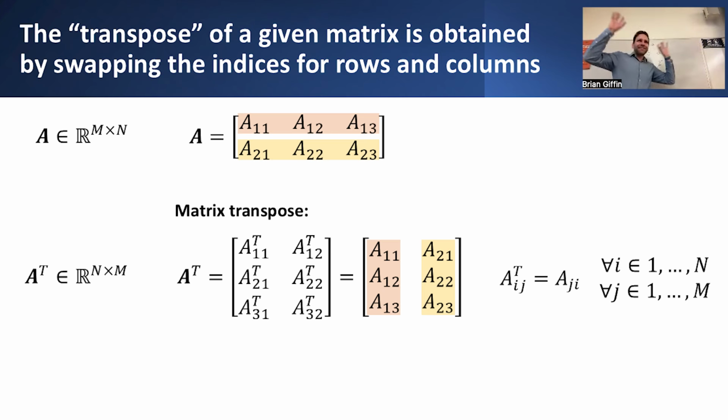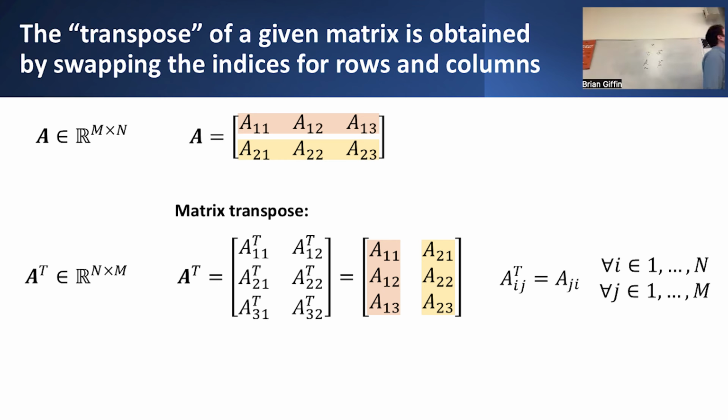Now that we've defined these different operations between vectors, matrices, and scalars, let's take a closer look at matrices in particular and some special cases of matrices that will be of interest to us. In particular, let's define the notion of a matrix transpose.